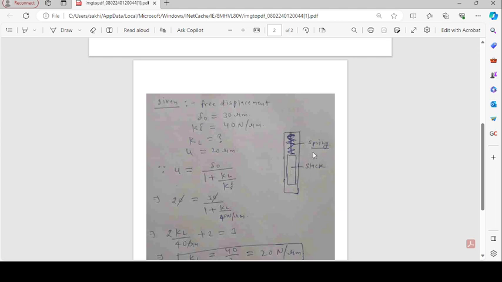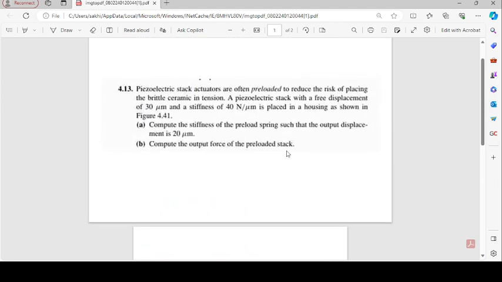This is a stack, this is a spring, and this is a complete system in which we are trying to control the tension of the housing with the help of this actuator, right?